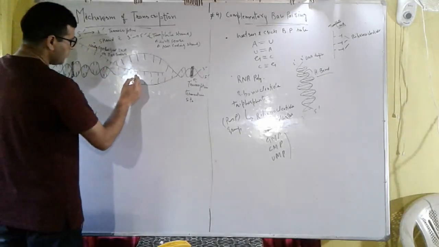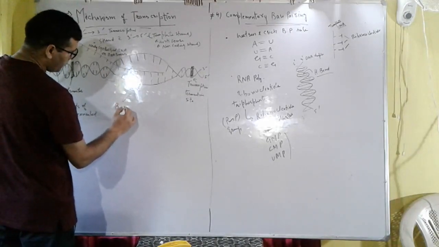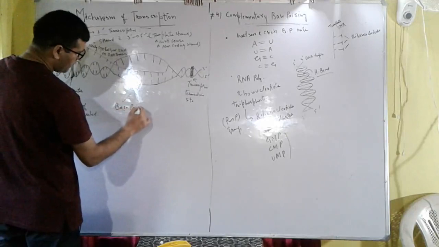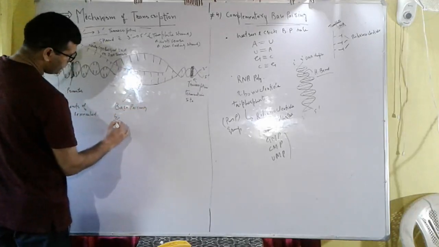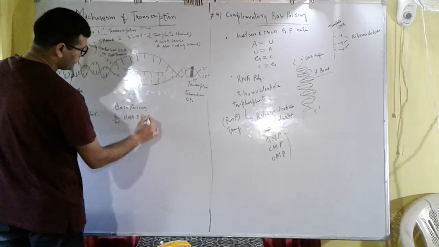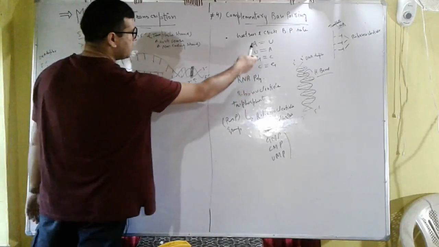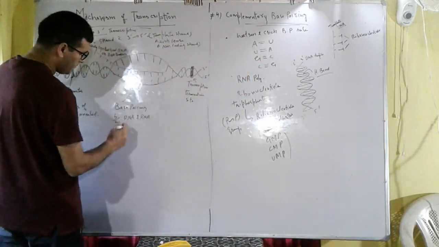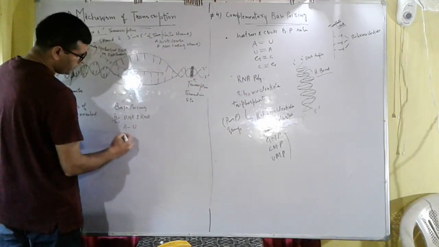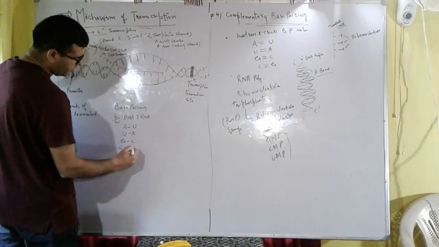So this is base pairing between DNA and RNA, and this base pairing is according to the Watson-Crick rule. Adenine pairs with uracil, uracil pairs with adenine, guanine pairs with cytosine, cytosine pairs with guanine.